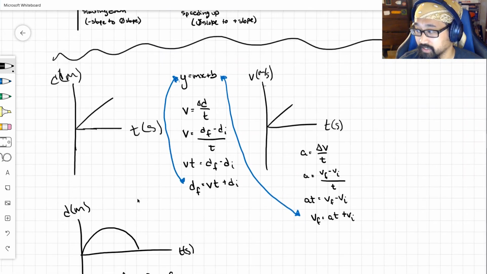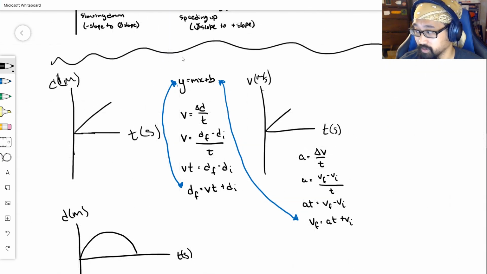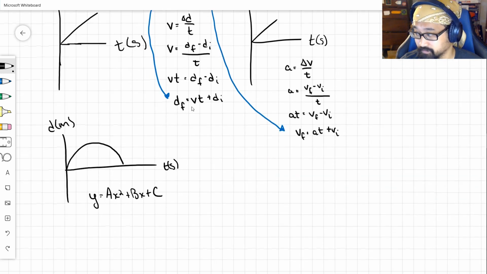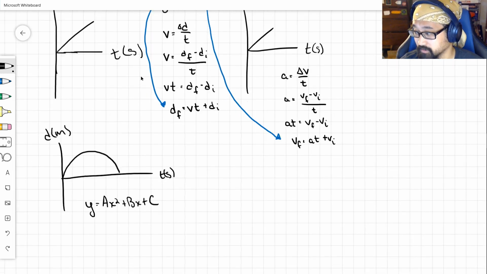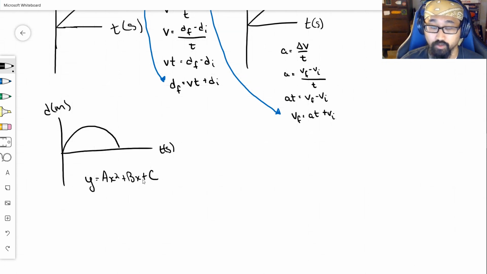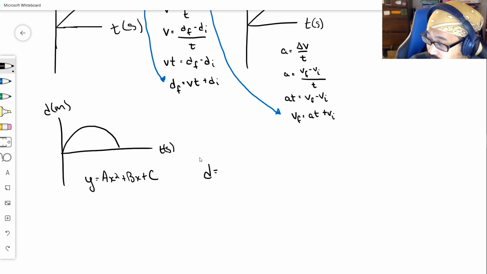And just like these graphs resembled the line, or sorry, these equations resembled the equation for a line, the equation for this should resemble the equation for a parabola. So, if you look, the way that it was listed there was d equals vit plus 1/2 at squared.